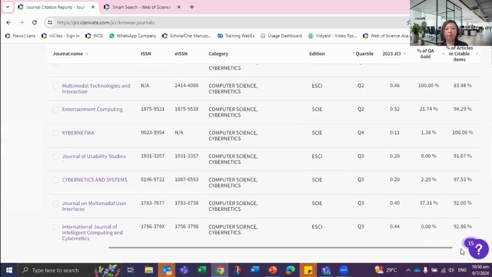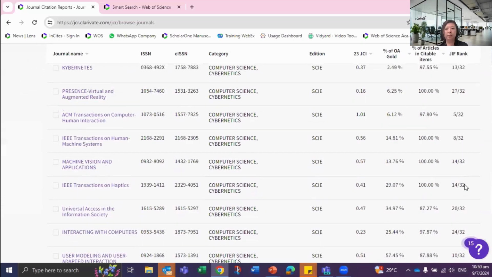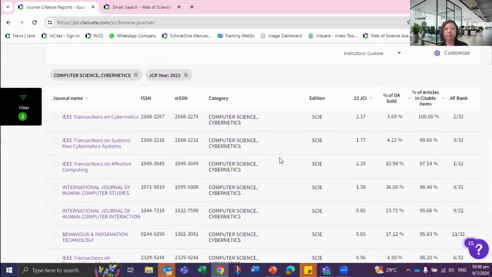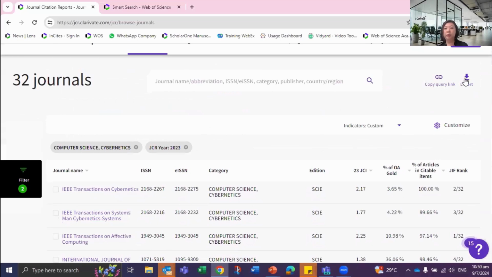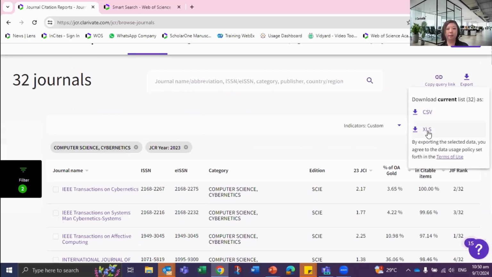And you should be able to see all the details here on the same table. Okay, and once you're ready, you can just click on Export, and you can export in CSV or Excel. All right, just take note, there's an export limit of 600 at one time. So if you do filter this down to subject categories, that should be more than enough.